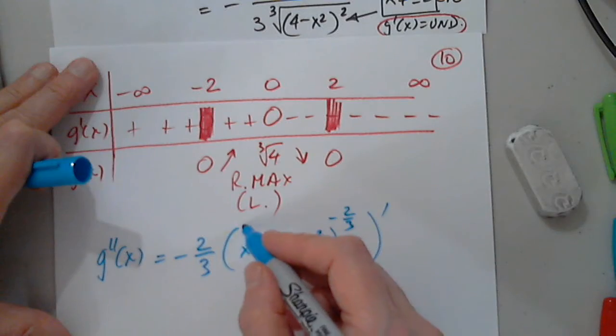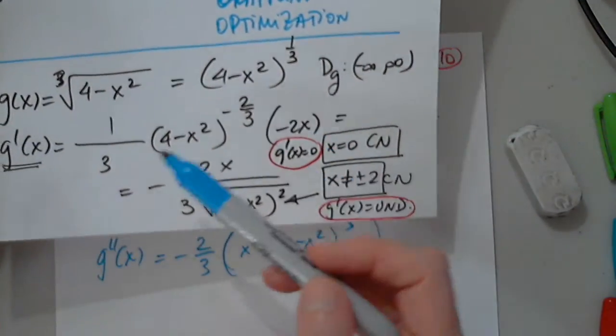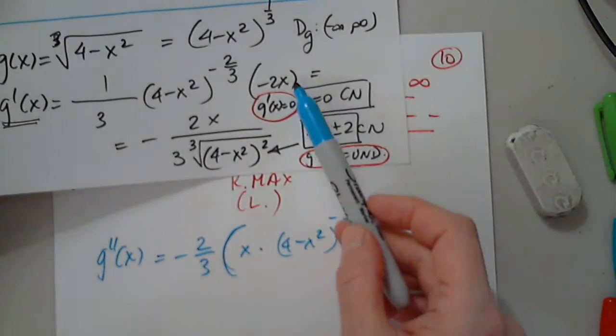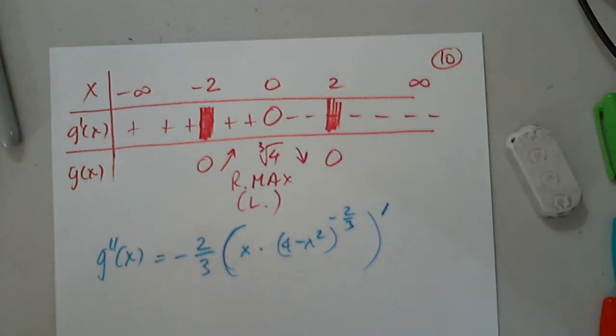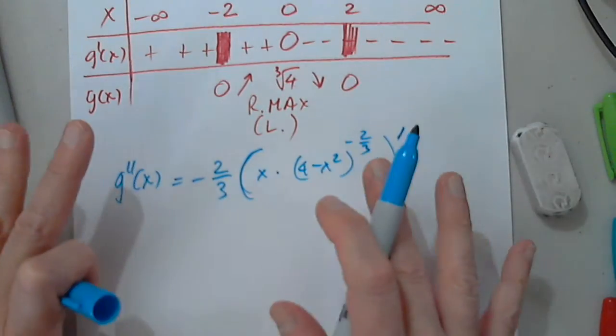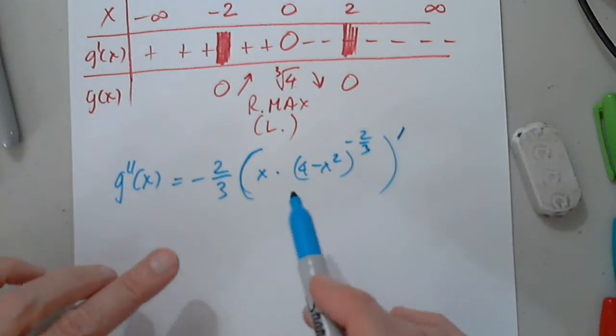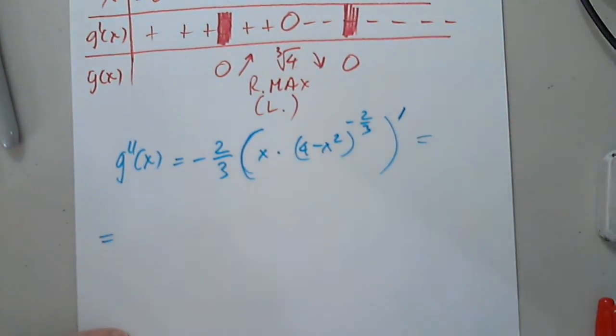This is what I'm going to differentiate. Why? Because I want to make my life as easy as possible. So I have -2/3 outside, I have an x, and I have this quantity here. So always try to simplify this, because if you keep the -2/3, you make it more difficult. The numbers are getting bigger, who knows what.